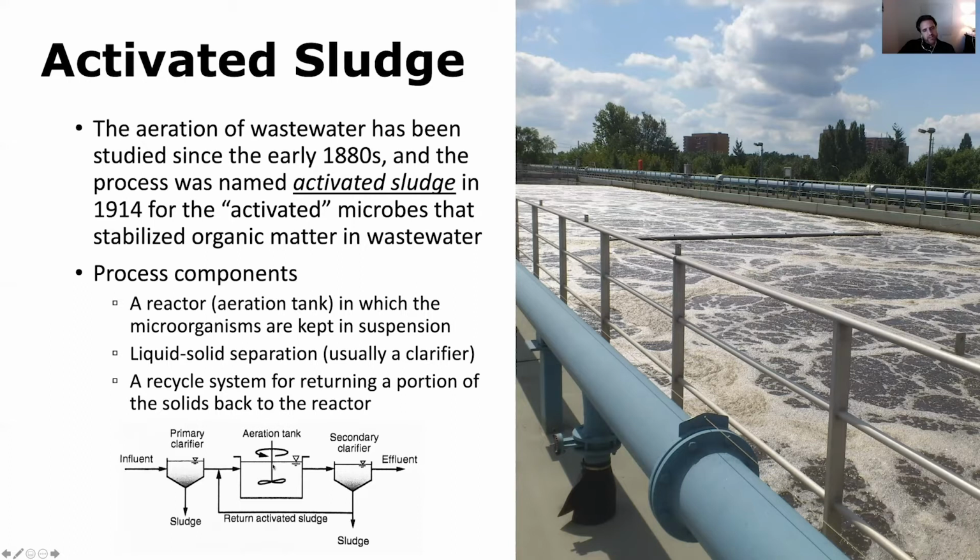And then after primary treatment, we go into the activated sludge system, which again consists of the aeration tank, the secondary clarifier, which settles out the microbial biomass that grows in the aeration tank, and then a return line that returns a portion of those microorganisms back to the beginning of the system. And then a portion of those microorganisms will be wasted.